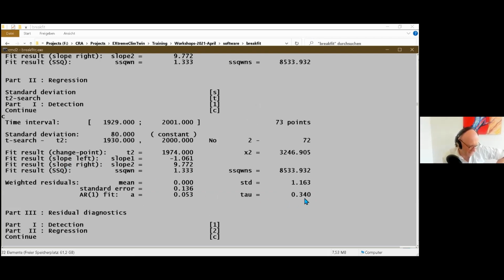The persistence time is 0.34, and the units are years. So this is maybe 3 months or so. This is not awfully long. Well, you have also to keep in mind that the spacing is 1 year for this data set, and therefore it is not optimally designed for assessing very short persistence times.